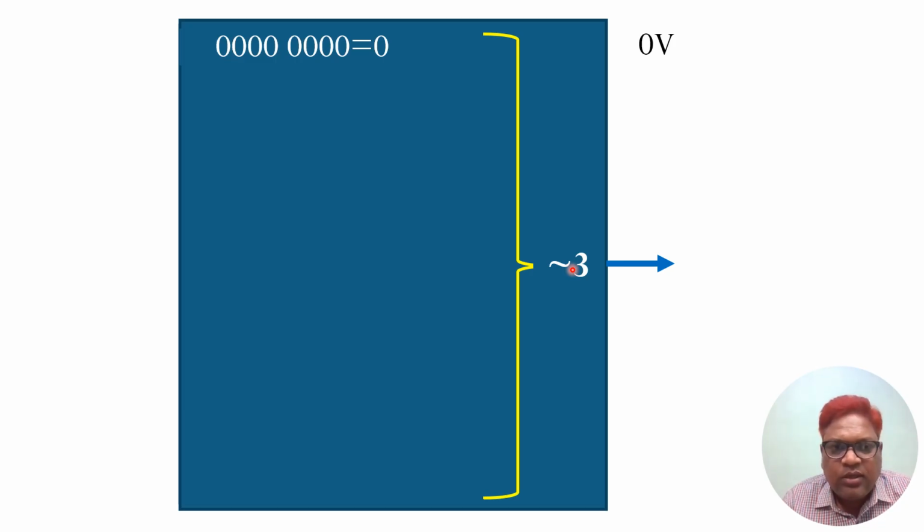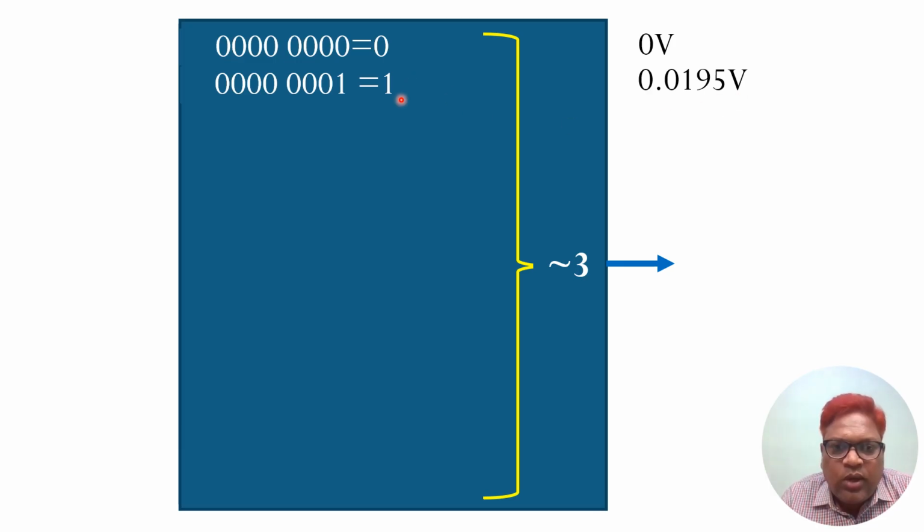Similarly, by calculating the step size for analog output, we get 19 millivolts. That means for every 1 bit change in the input, there is a change of 19 millivolts, that is 0.0195 volts.